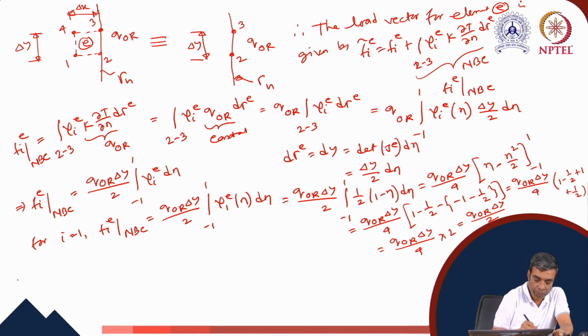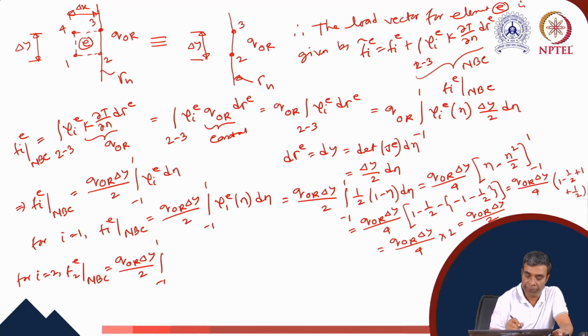So for I equals 2, F2E NBC equals Q0R delta y by 2 integration -1 to 1 psi 2E eta. So psi 2E eta is half of 1 plus eta d eta equals Q0R delta y by 4 eta plus eta square by 2 from -1 to 1.